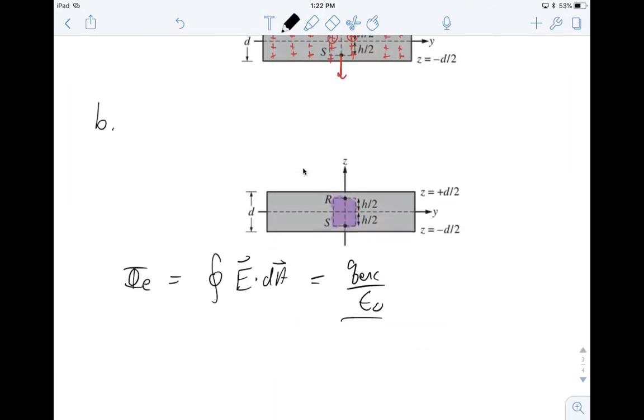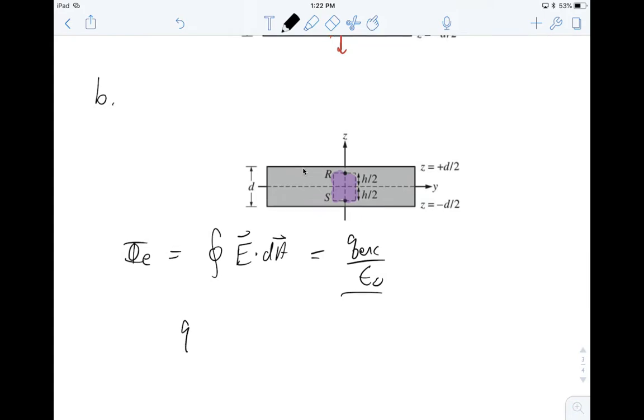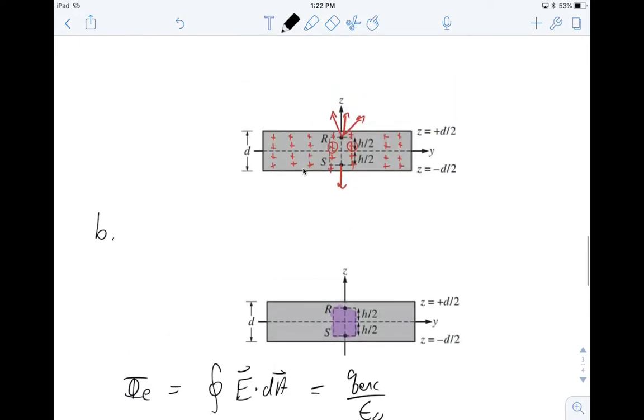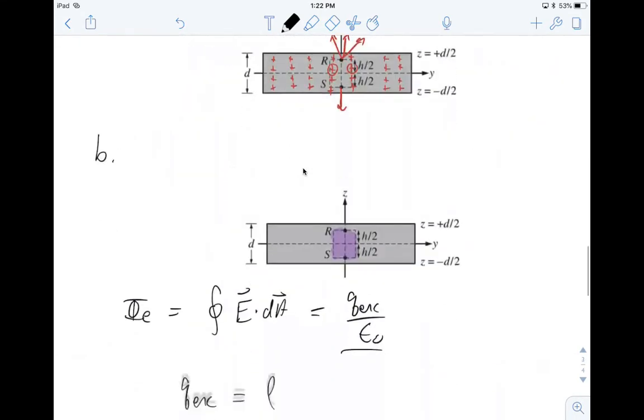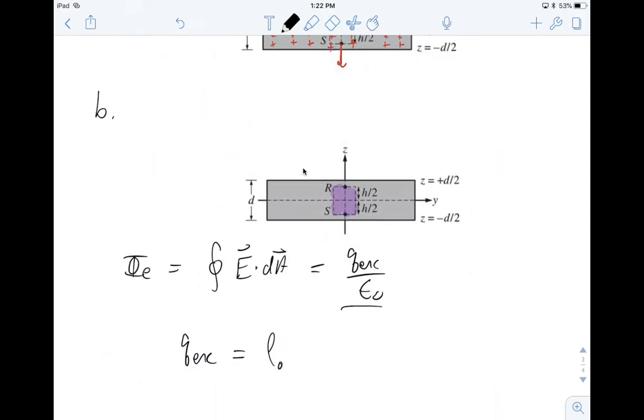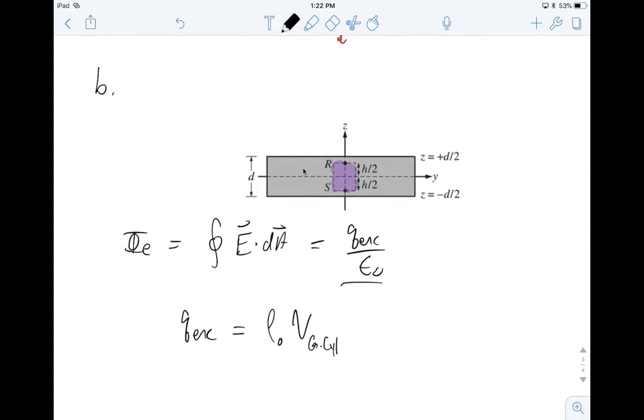Q enclosed is equal to the volume density, which they give us, don't they? They do. Rho naught times the volume of the Gaussian cylinder. I got that from rho naught being charge per volume, and I just solved for charge. And it's uniform.